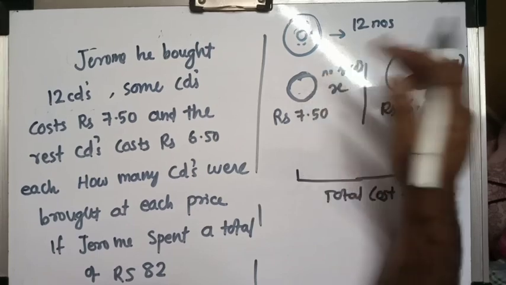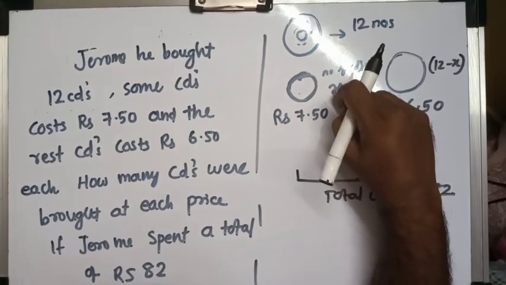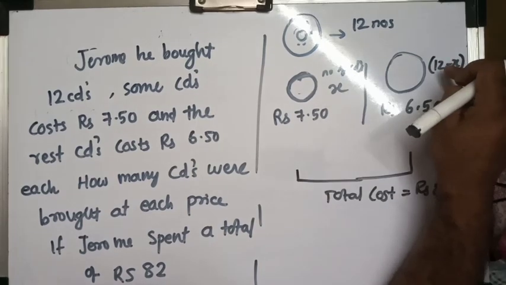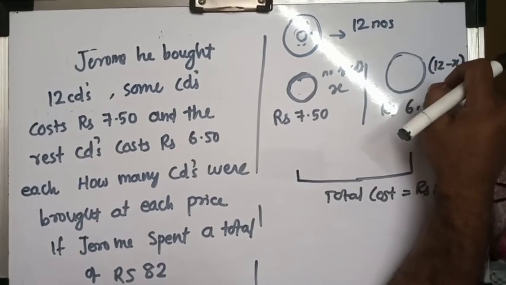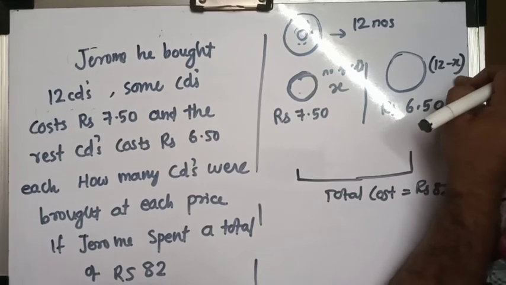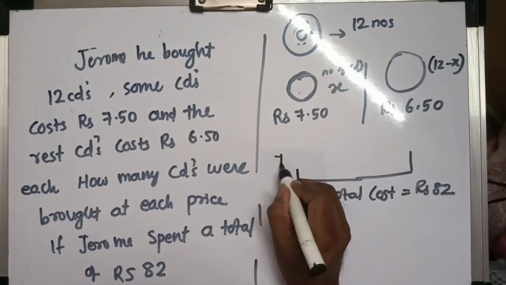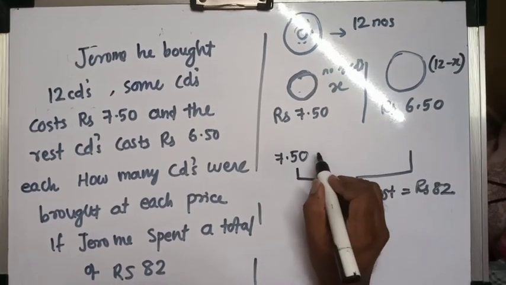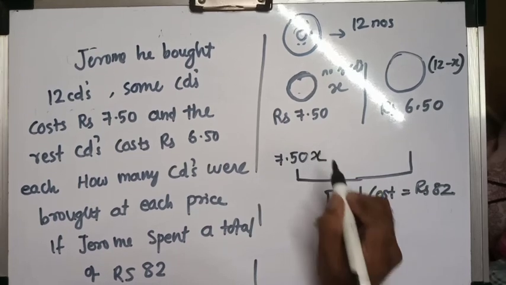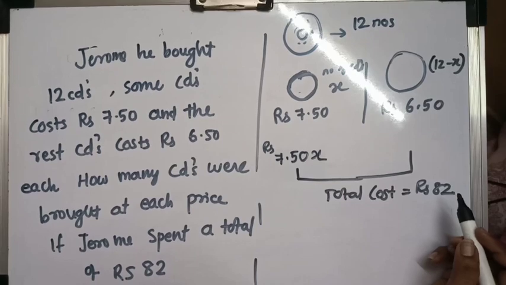In the same way, I don't know how many CDs are small, so I took the number of small CDs as X, and the number of the other CDs will be 12 minus X. So what will be the total cost? One CD costs 7.50. If I bought X number of CDs, its total cost will be rupees 7.50x.